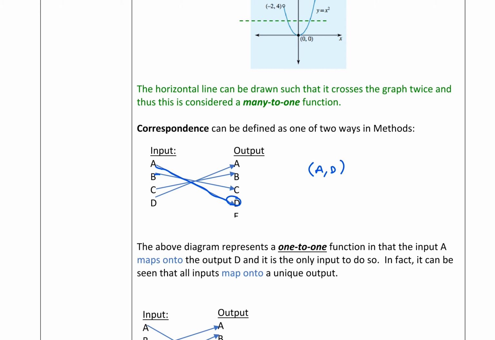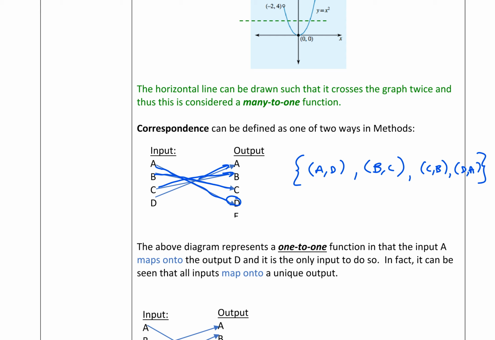When I sub in B, I get C. So I've got another pair, BC. C gives me B, and D gives me A. So I've got CB and DA. So the set of ordered pairs, in this case, is a one-to-one function.